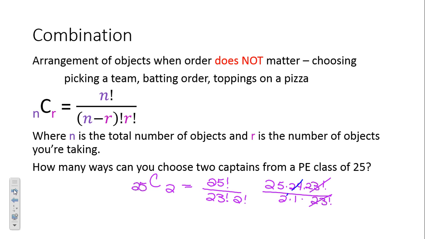Picking an even one here. 12, right? So now we just have to take 25 times 12, and we'll get 300 different ways that we can choose 2 captains from a class of 25.